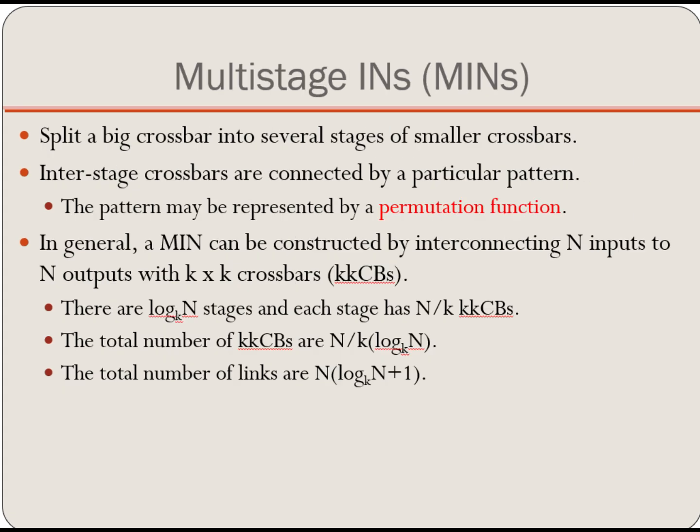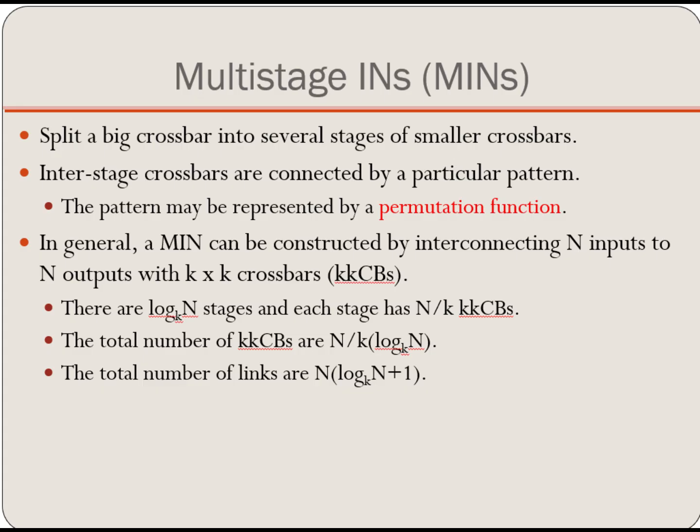In the previous section we discussed multi-stage interconnection in some part, but we did not go into too much detail. Here we will give more detail about the multi-stage interconnection network.